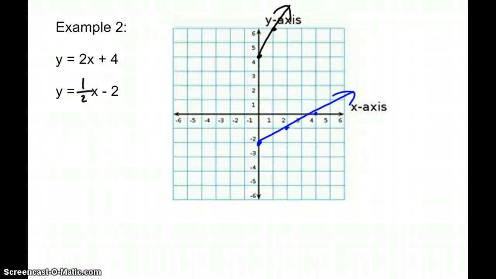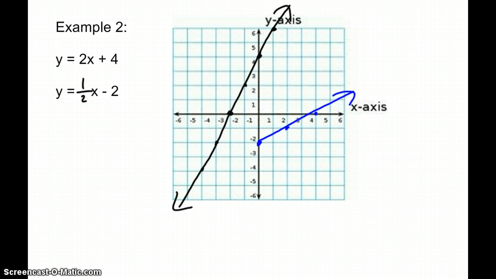Well, hopefully some of you were able to pick up on the pattern that these lines go on forever in both directions, not just to the right. So if I do my black line, y equals 2x plus 4, I can apply my slope backwards and say I'm going to continue to follow this pattern down 2 over 1 as I go back, and that line is going to continue on forever.